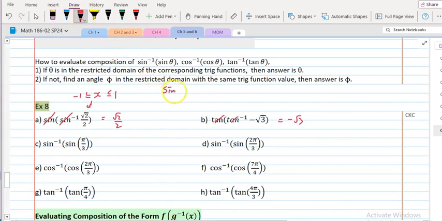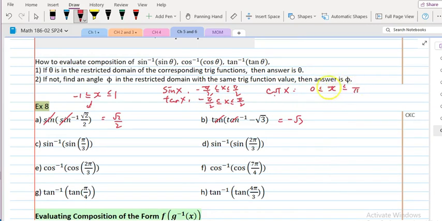For sine x, the restricted domain is -pi/2 to pi/2. And also for tangent, the restricted domain is -pi/2 to pi/2. But for cotangent, the restricted domain is 0 to pi, because it's quadrants 1 and 2.